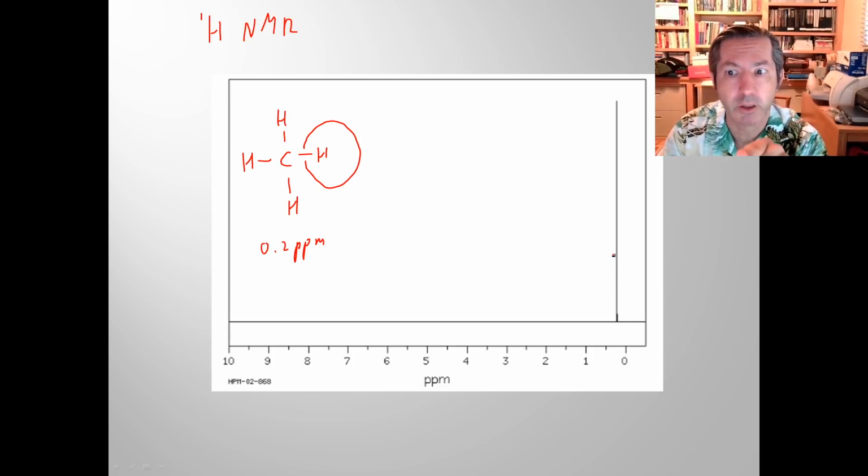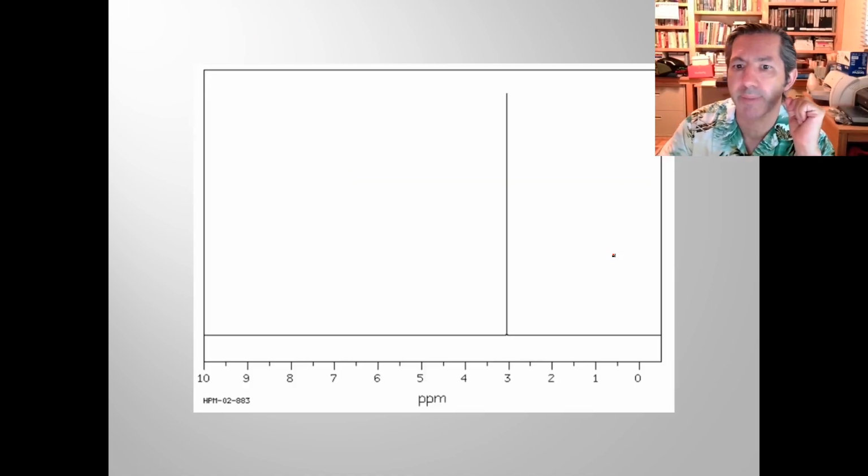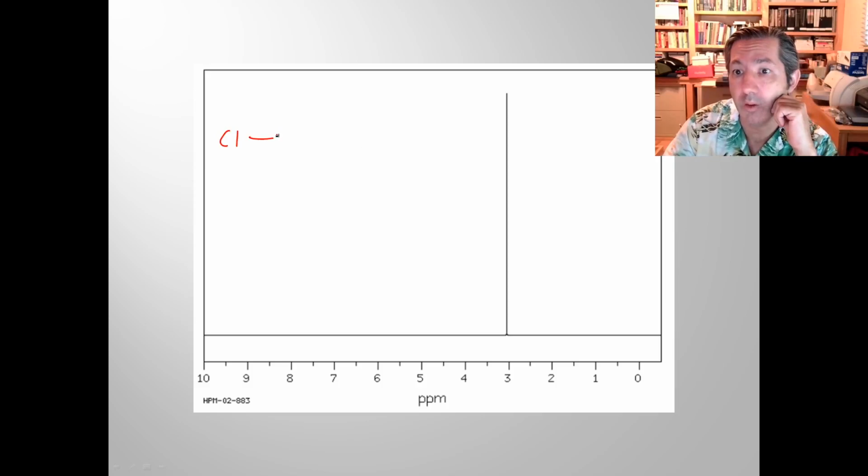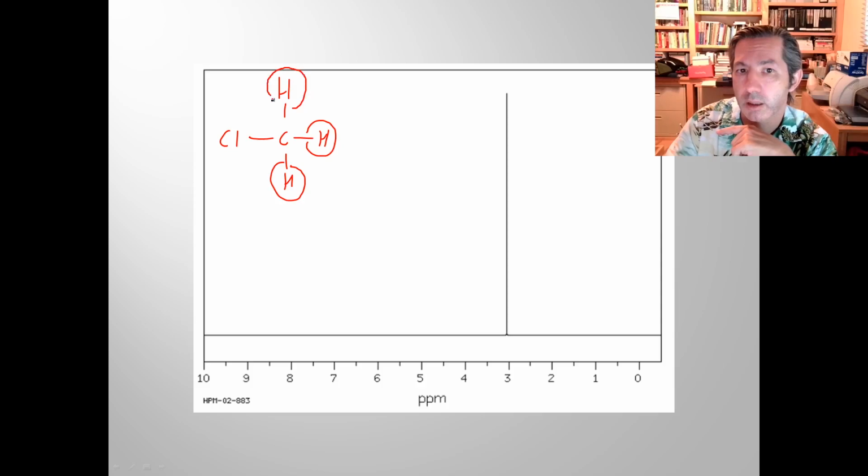Let's throw something electronegative on there. How about a chlorine? So here's chloromethane. Remember, chlorine is electronegative, so that electron cloud shrinks a little bit. So this is the electron cloud for chloromethane. For regular methane, it was a bigger electron cloud.